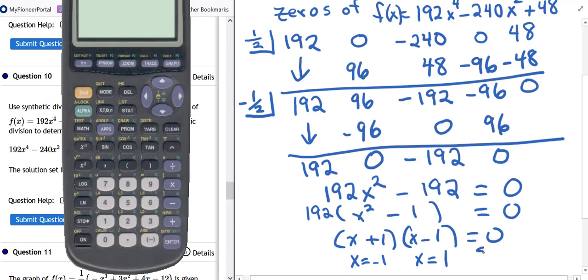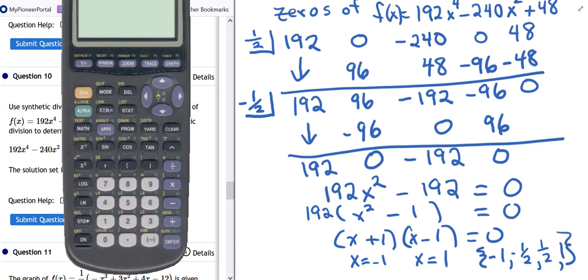So our solutions are -1, -1/2, 1/2, and 1. Now, I want to go to the calculator, and I think I already typed this in.